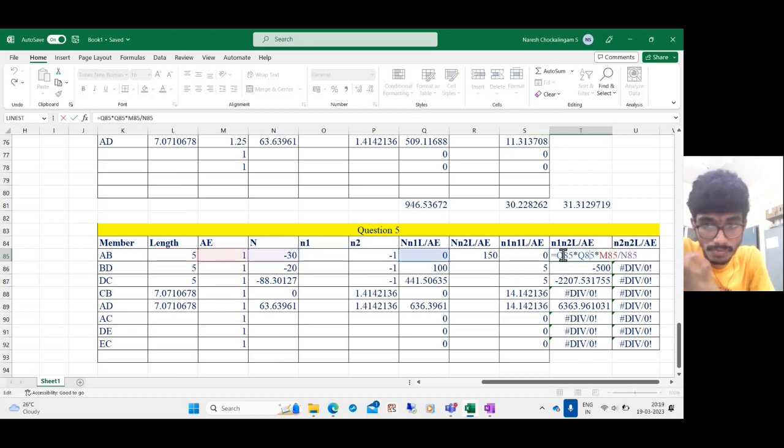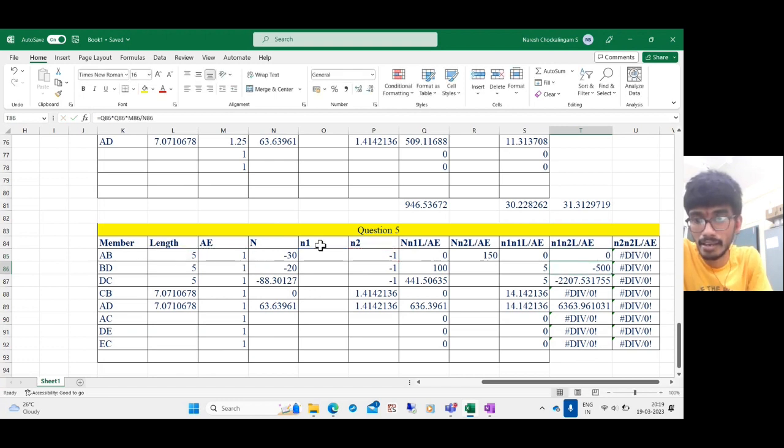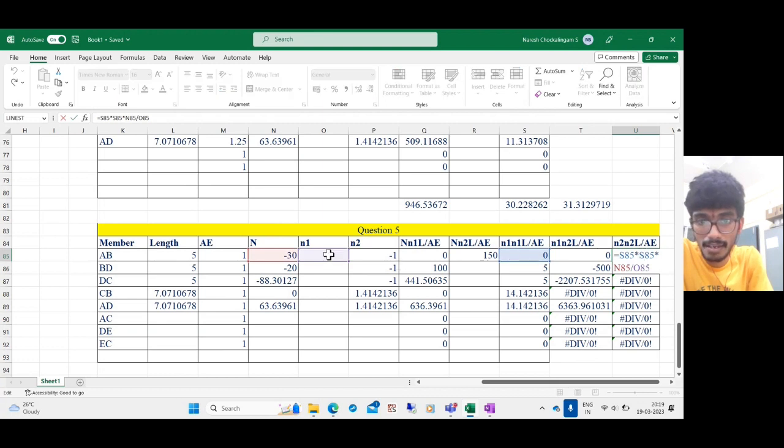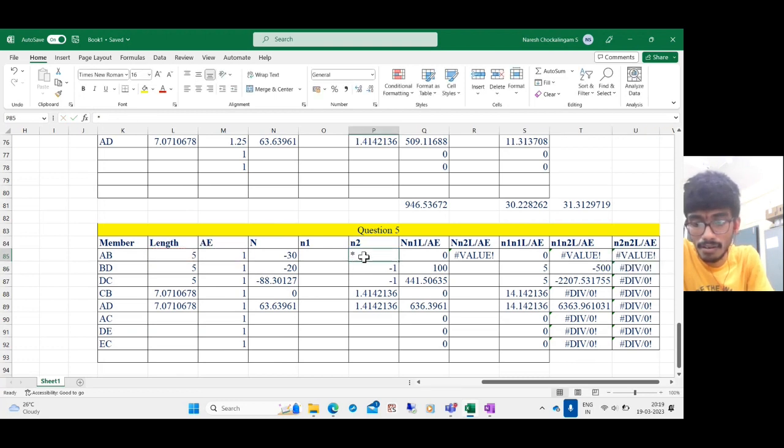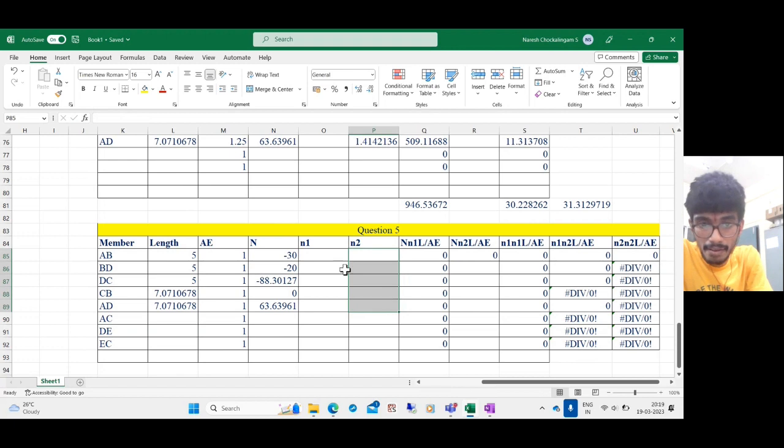This is N1 star N2 star L by A. In this case, it is N2 star.